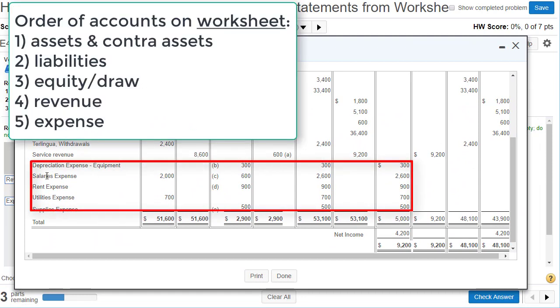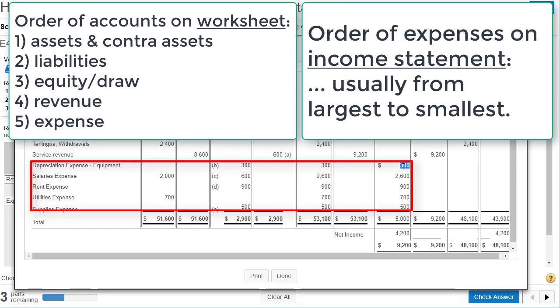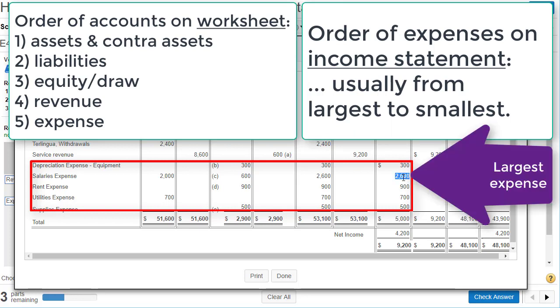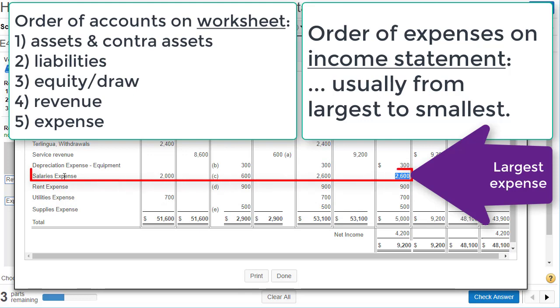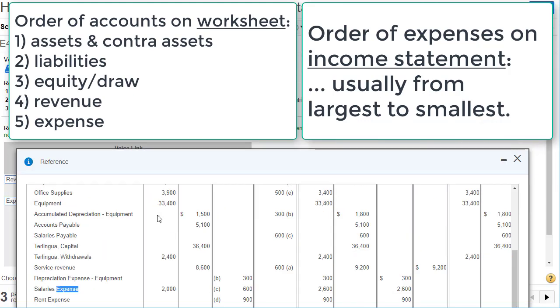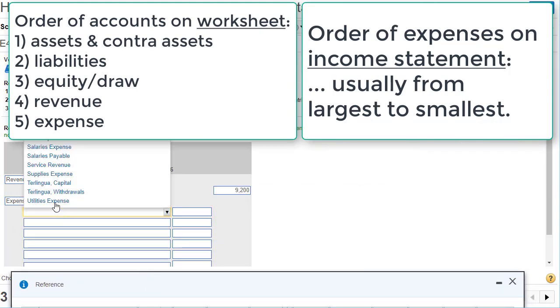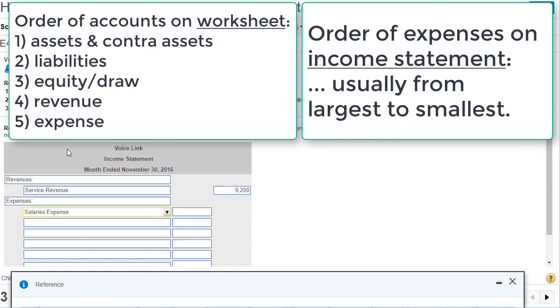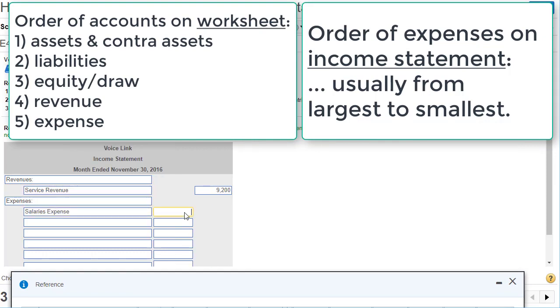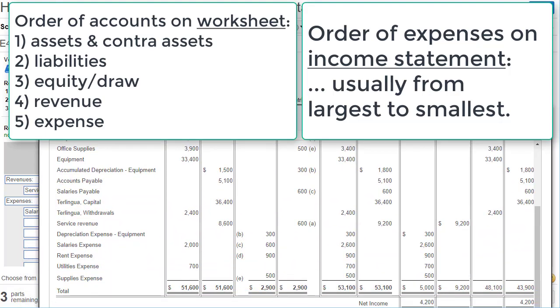Next, we have our expenses, starting with depreciation expense of 300. Now, most companies will list their expenses from largest to smallest. So let's start with $2,600, and that's for salary expense. Salary expense, $2,600.